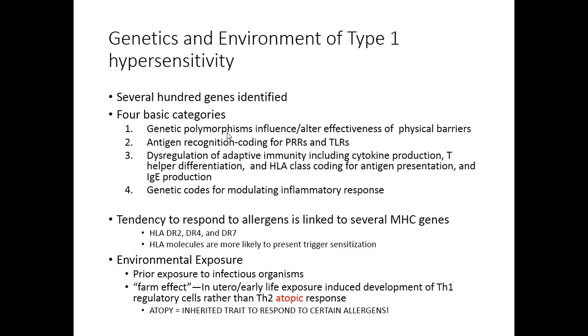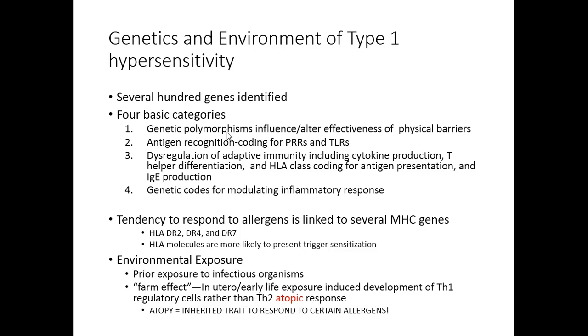Also HLA, or what is another term for that, the MHC coding for antigen presentation. We talked a lot earlier this year about MHCs and the genetic influence on being able to effectively present an antigen and how that impacts immunogenicity of something foreign.